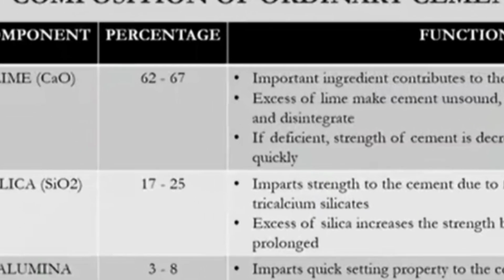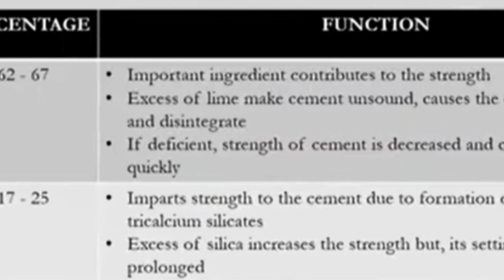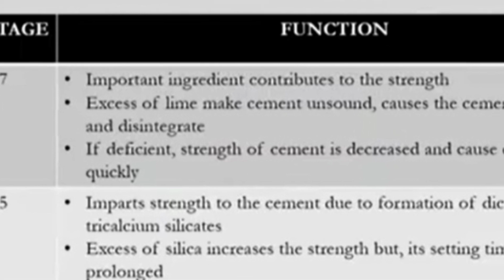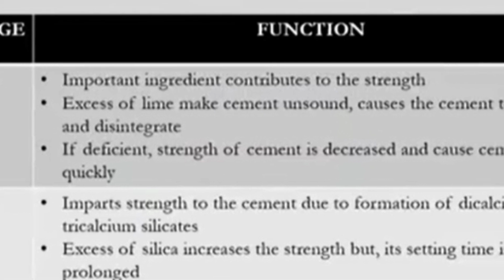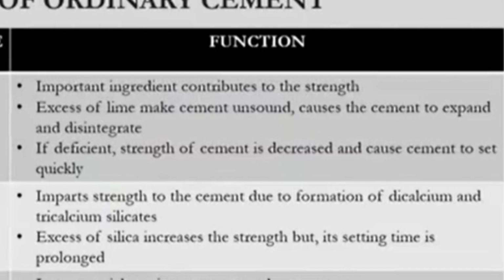The percentage of calcium oxide available is 62 to 67%, and the main function of the calcium oxide is that it provides strength to the concrete, and the excess lime makes the cement unsound and causes the cement to expand and disintegrate. If the lime content is deficient, then the strength of the cement is decreased and it causes the cement to set quickly.